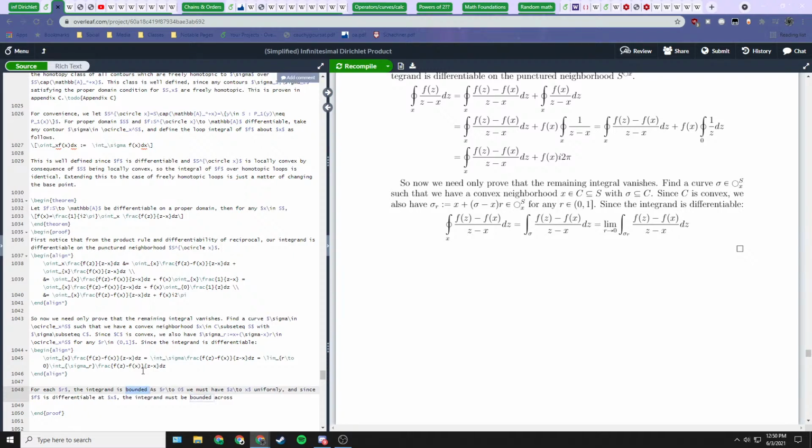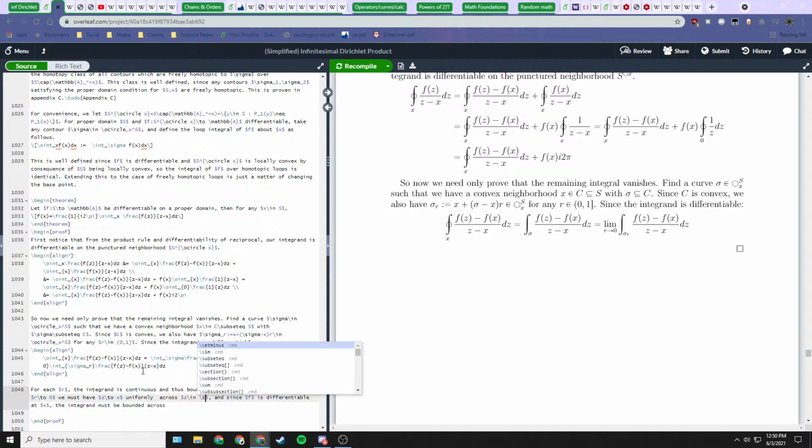We can say further than that, continuous, and thus bounded across all z in sigma sub r, and as r goes to 0, we must have z go to x uniformly across z in sigma sub r.